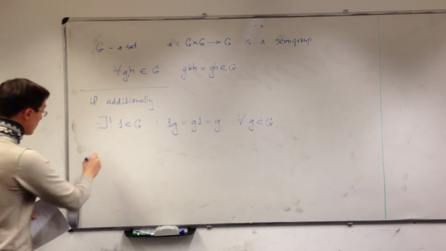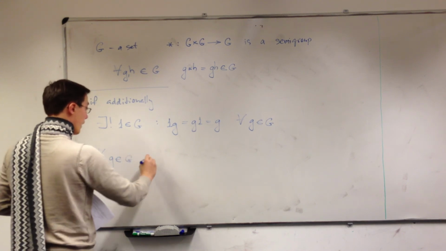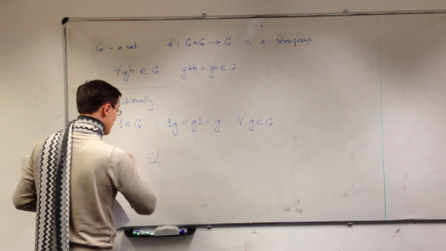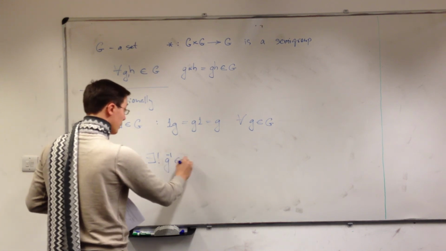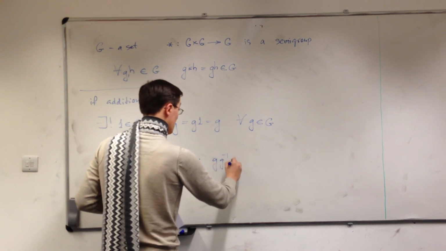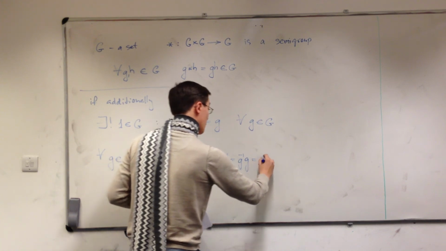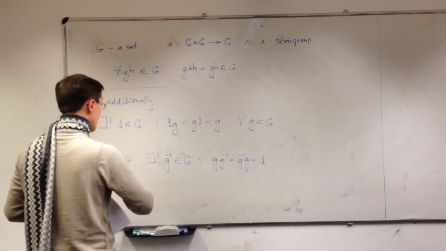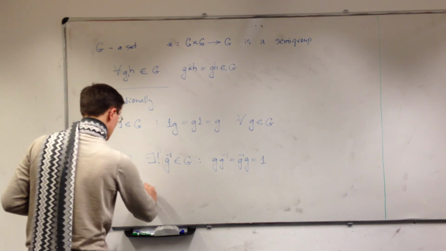And also, for any element g belonging to G, there exists a unique inverse g^-1, also belonging to G, such that g^-1 g is equal to the unit element. Then G is a group.